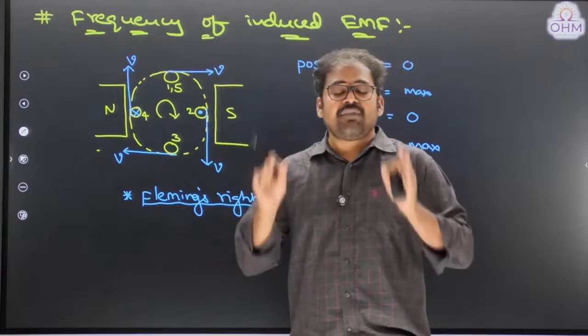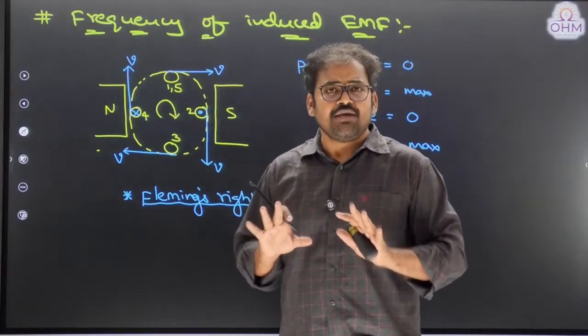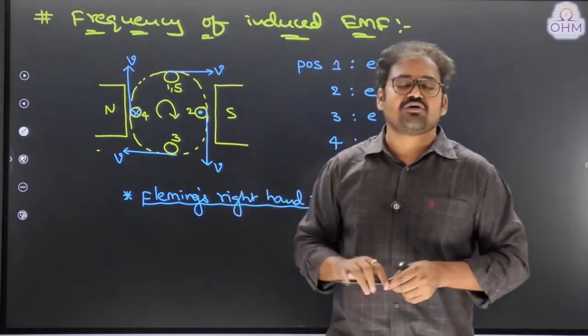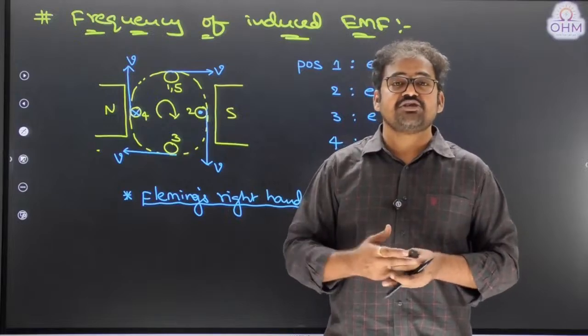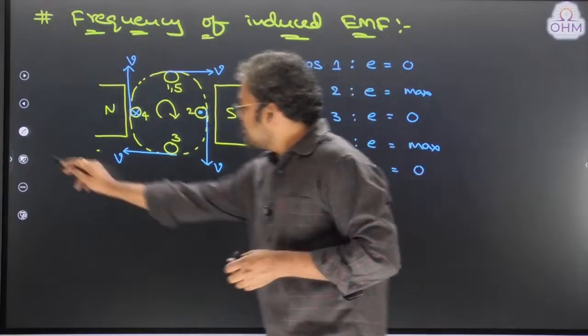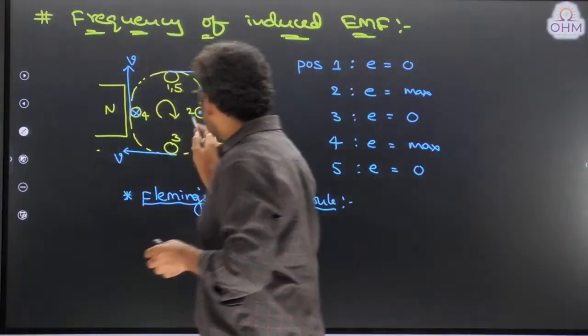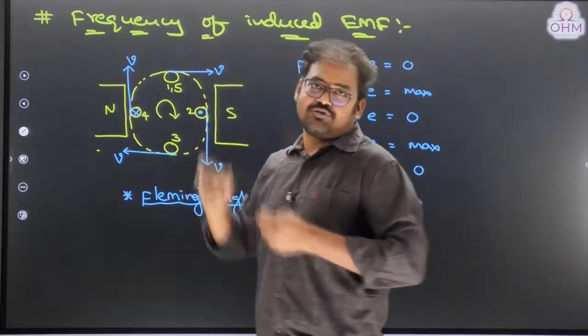Now tell me mathematically how to show two opposite polarities. Mathematically you can't write cross and dot, right? So mathematically I can show two opposite polarities using plus and minus symbols. Therefore, if I assume this dot is a positive polarity, then cross becomes negative polarity.